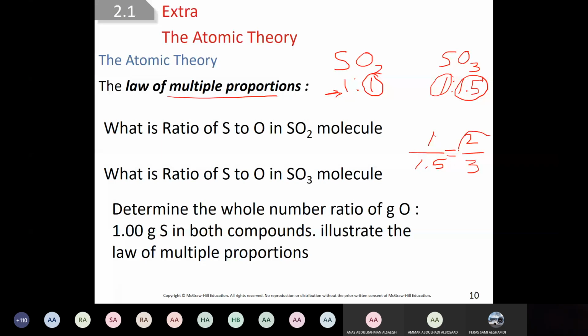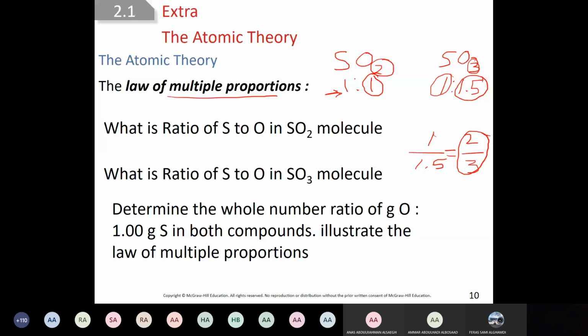Look at these numbers, 2 and 3. Do you see them? Did you see them? Yes, Doctor. So the proportion is actually the ones that are available in the compounds. Is this clear? Very good.